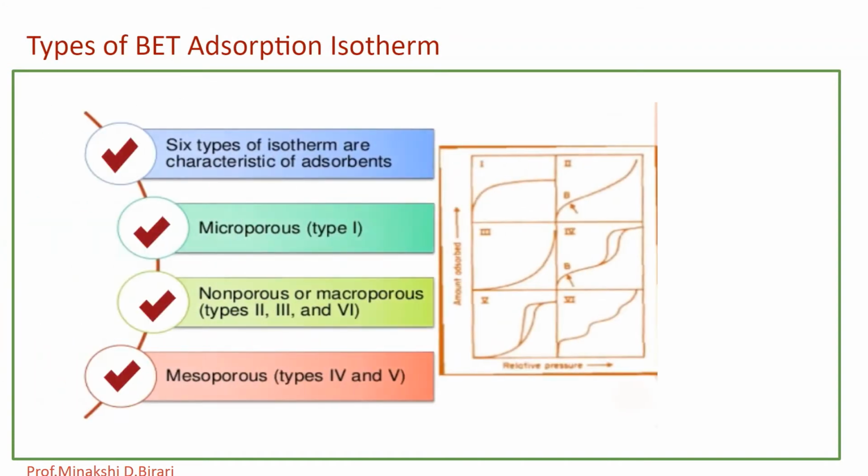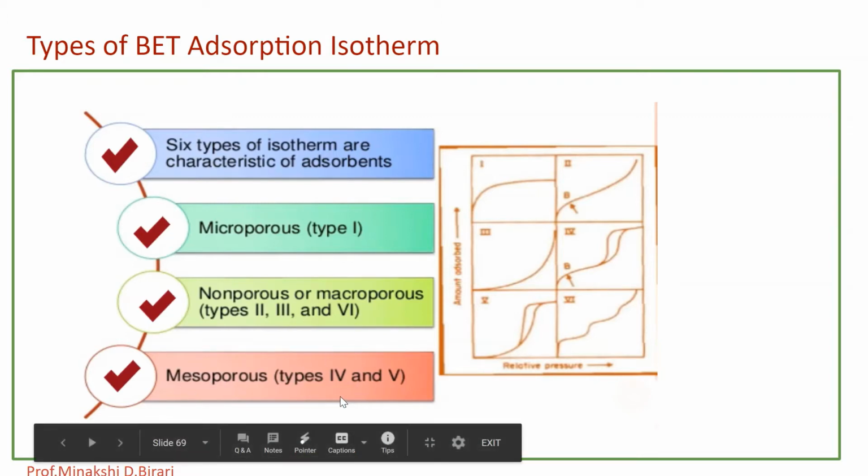So there are 6 general types of isotherms which have been observed, and the shapes of the adsorption isotherms and their characteristics are given in this figure. Type first adsorption isotherm is related to microporous solids, non-porous or macroporous for type 2nd, type 3rd and type 6.